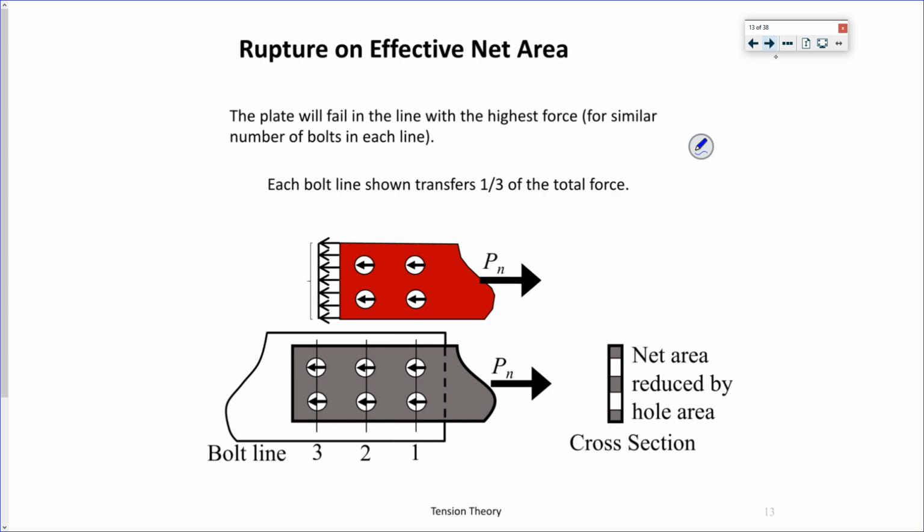Next one, if this is Pn over 3, then this has to be Pn over 3, acting in that part of the plate right there.